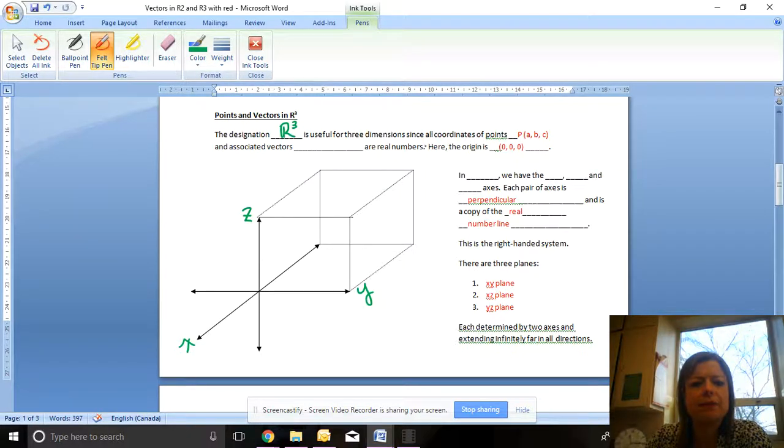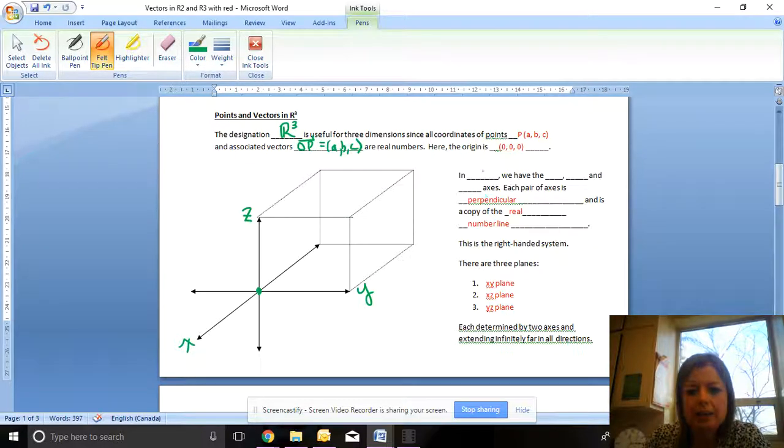Okay, so the designation R3 is useful for 3 dimensions since all coordinates of points A, B, C, and then the associated vector OP equals A, B, C are real numbers. Here, the origin is 0, 0, 0. So all coordinates in R3 have 3 numbers, not just 2, to represent their X, Y, and Z locations.